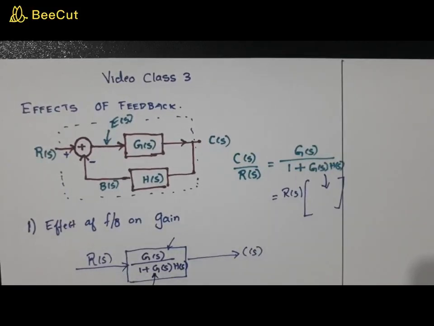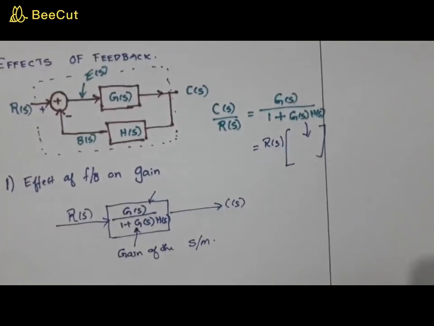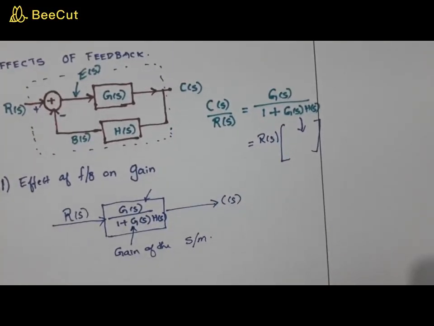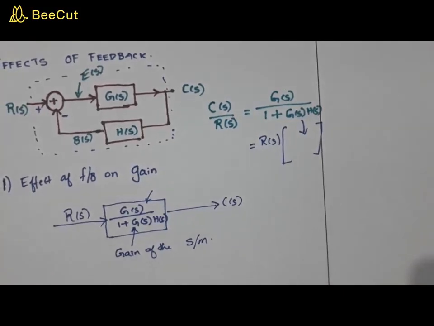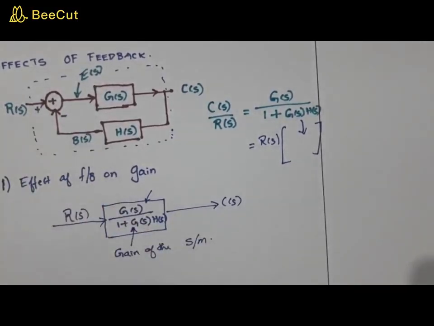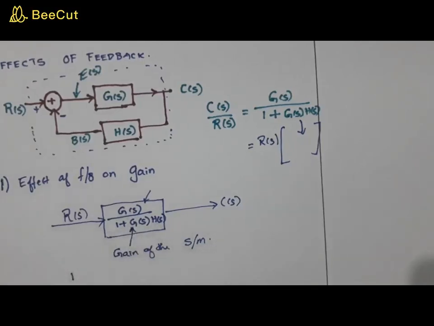So in a sense you can say that this can also represent the gain of the system. Now, what will happen to the gain of the system by the introduction of feedback? Here you have considered a negative feedback.